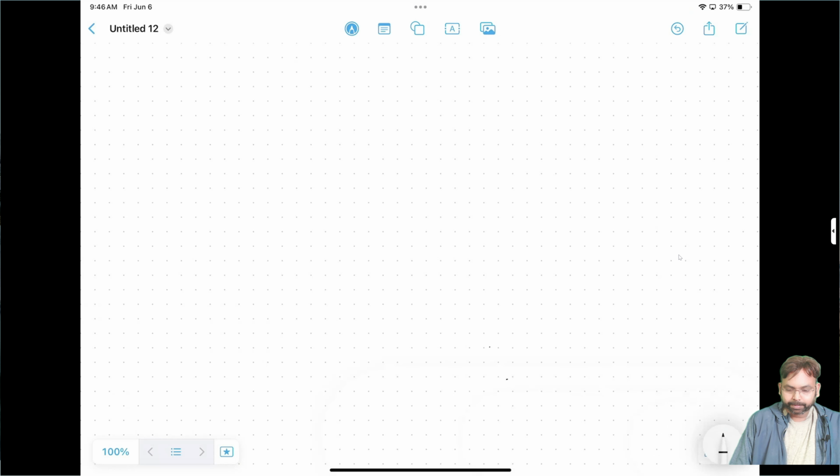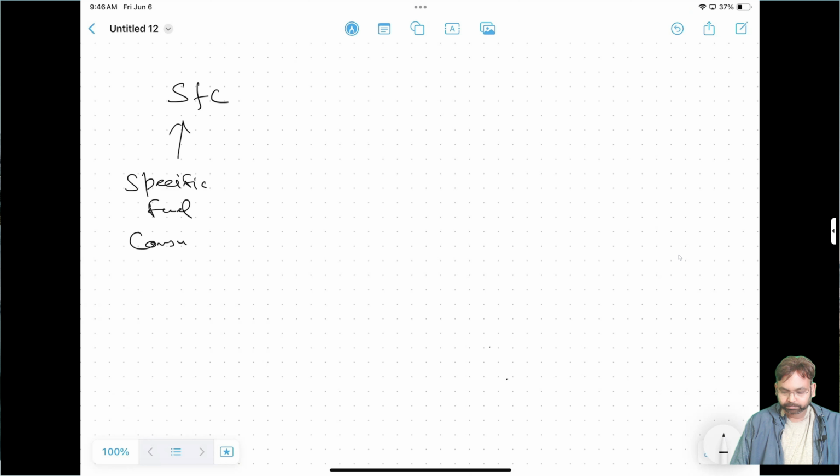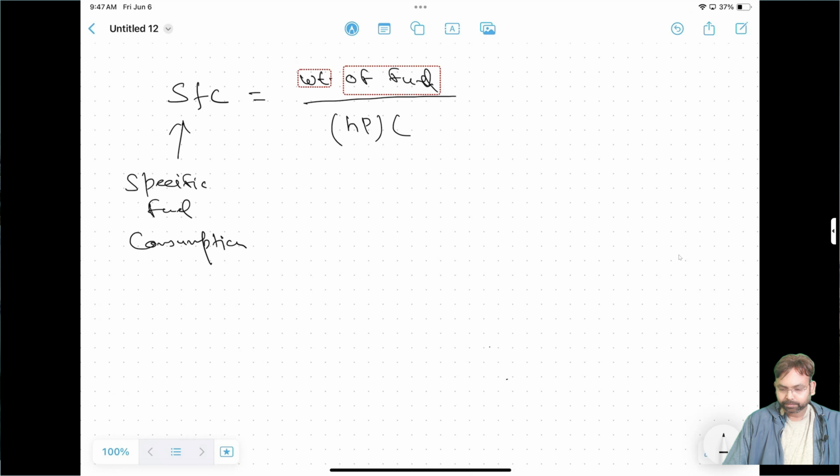SFC, specific fuel consumption, is given by weight of fuel divided by horsepower and time.